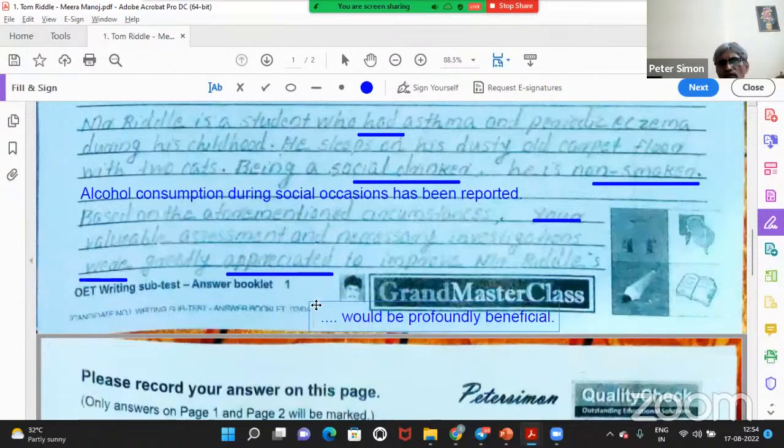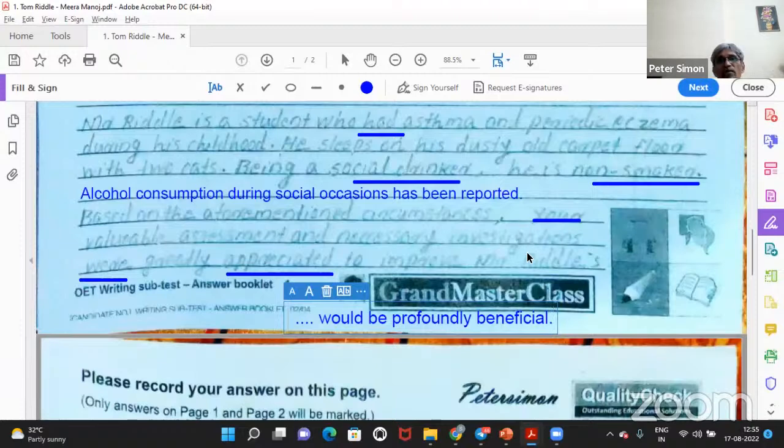So based on the aforementioned circumstances, definitive diagnosis and appropriate management or necessary investigations and appropriate management. But the better one is definitive diagnosis and appropriate management would be profoundly beneficial to improve Mr. Riddle's condition, or necessary investigations and appropriate management of Mr. Riddle's condition would be profoundly beneficial.